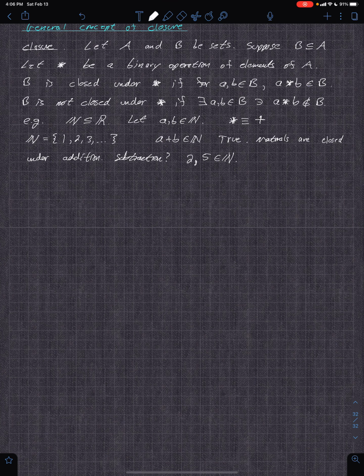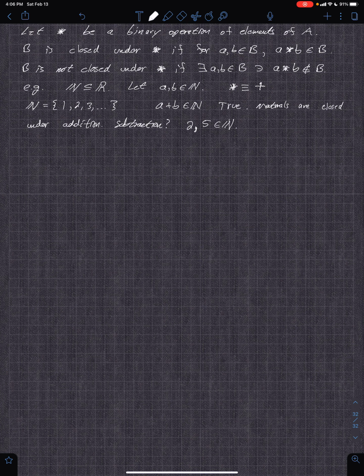So what if you subtract 5 from 2? 2 minus 5 is equal to negative 3, which is not an element of the naturals. Therefore, we conclude that the naturals are not closed under subtraction, which is a binary operation, right?